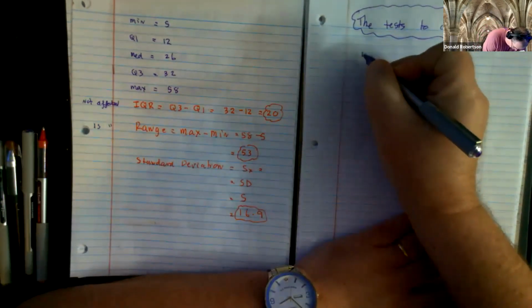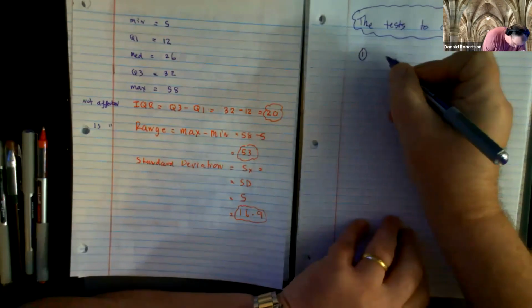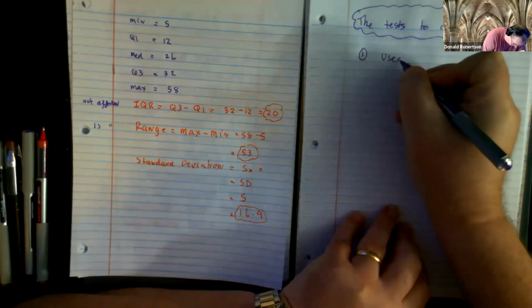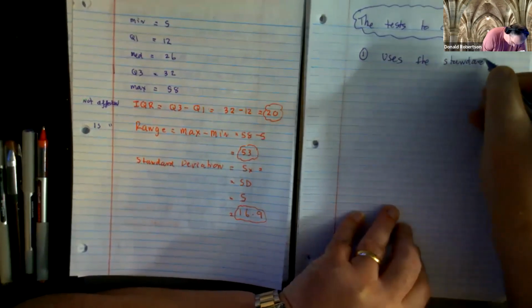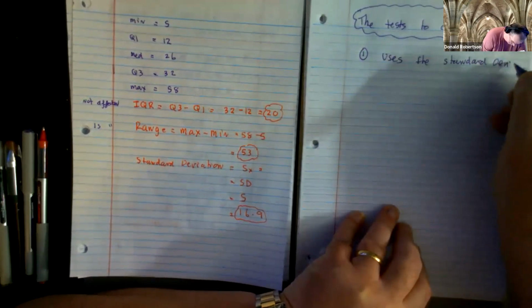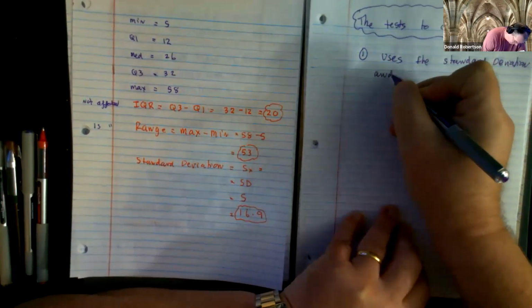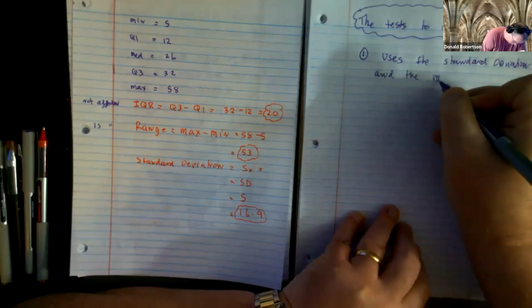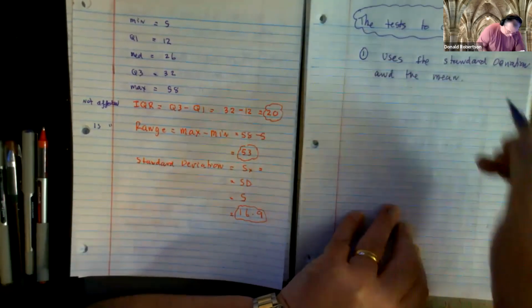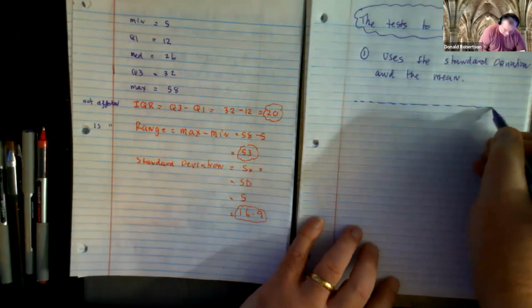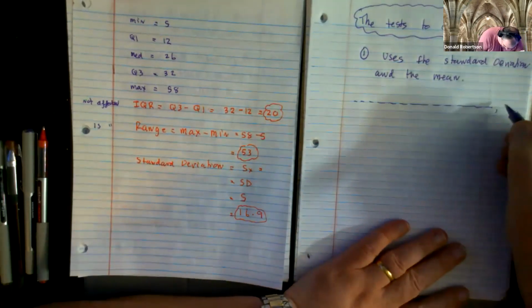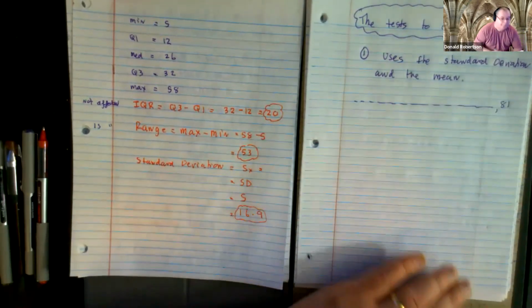Let me show you the first one. The first one uses the standard deviation and the mean. So let's suppose I have a big list of data. I'm not going to write it down. And we've got this guy at the end, 81.